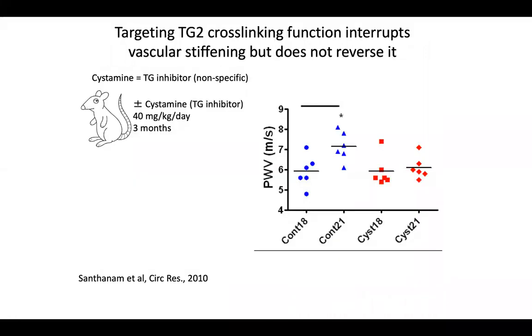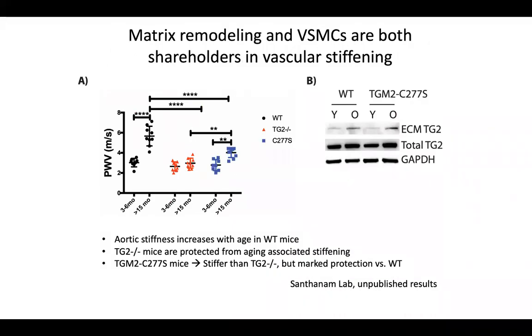Finally, the point of all of this is that it looks like tissue transglutaminase plays a significant role in vascular aging, and it looks like cellular contributions exist in the vascular aging phenotype. However, inhibition of tissue transglutaminase cross-linking function provides a significant protection in the context of aging.